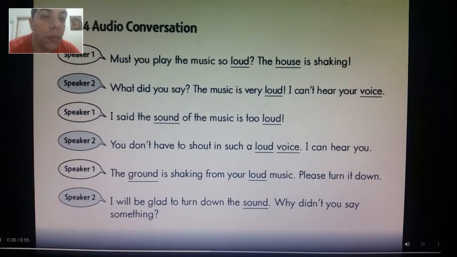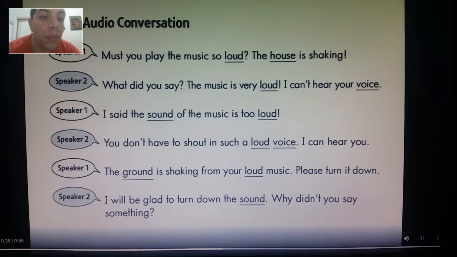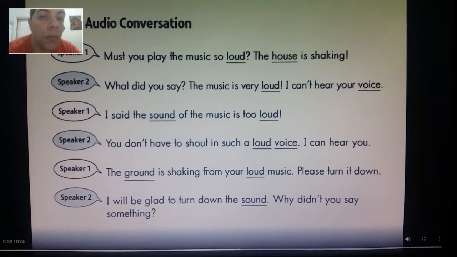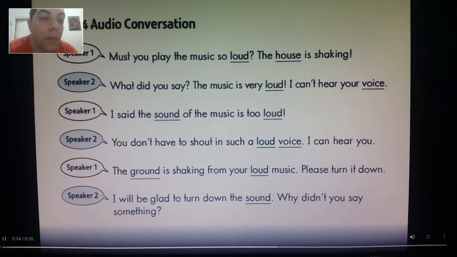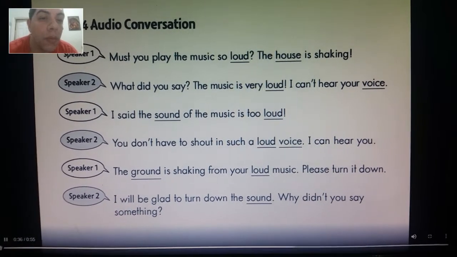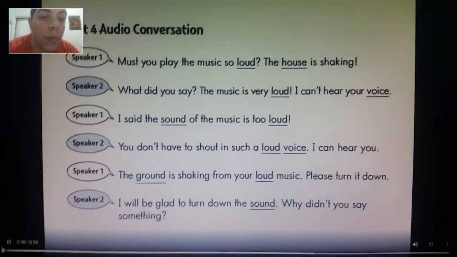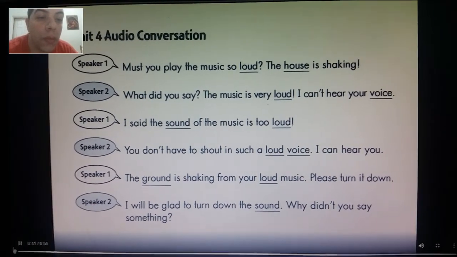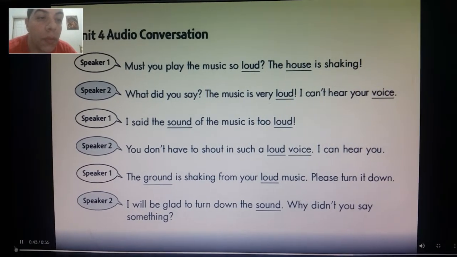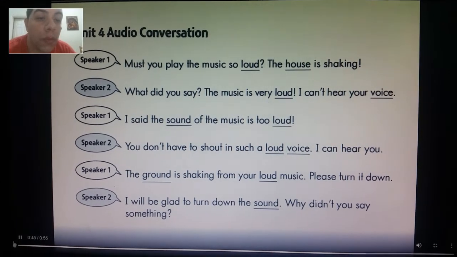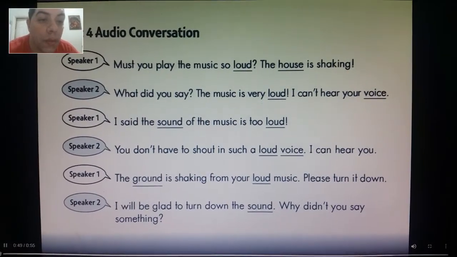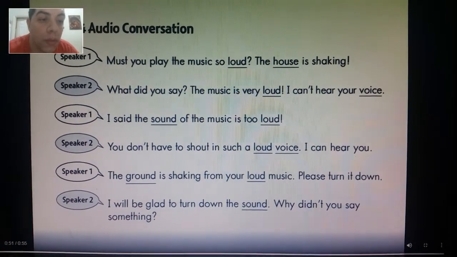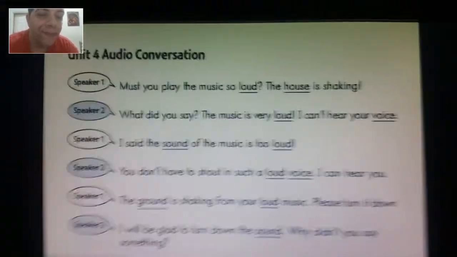I said the sound of the music is too loud. You don't have to shout in such a loud voice. I can hear you. The ground is shaking from your loud music. Please turn it down. I will be glad to turn down the sound. Why didn't you say something?